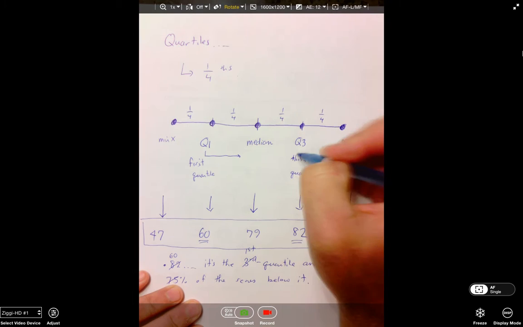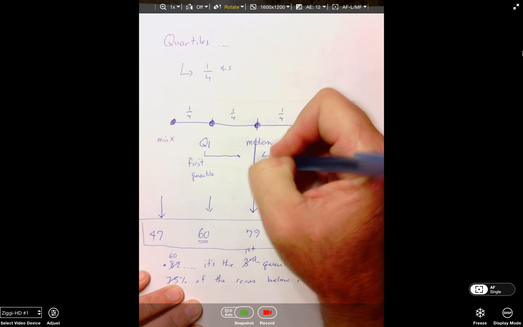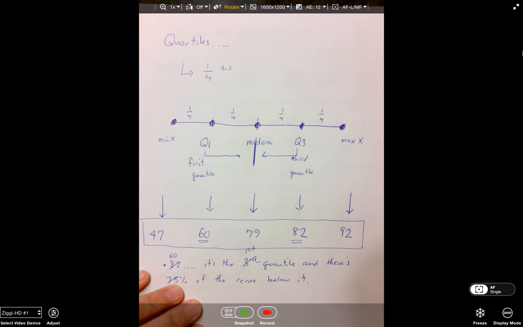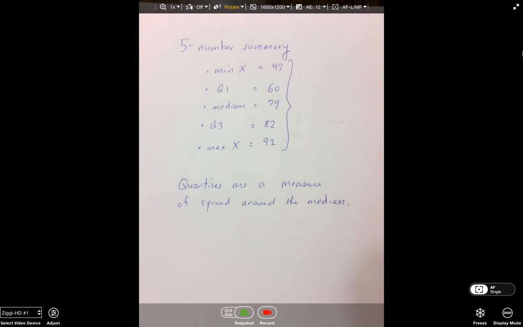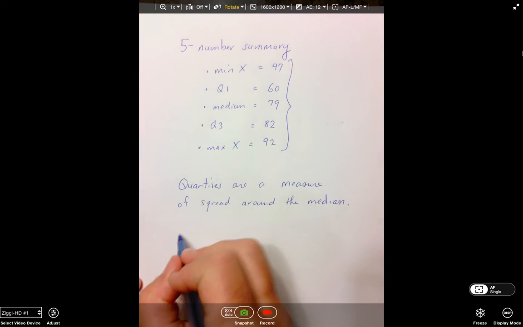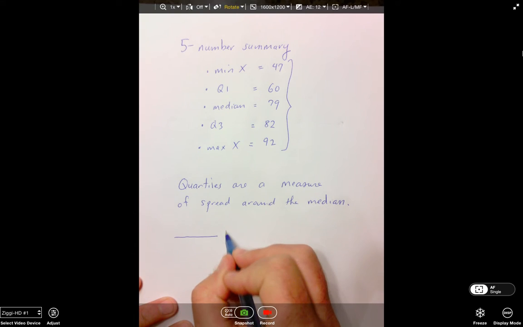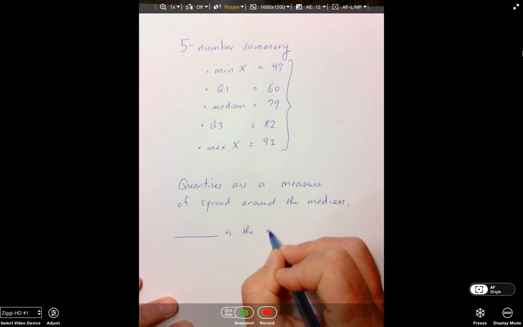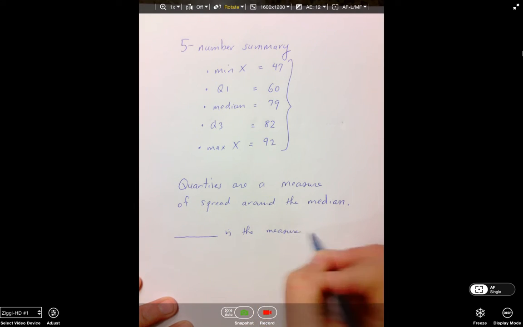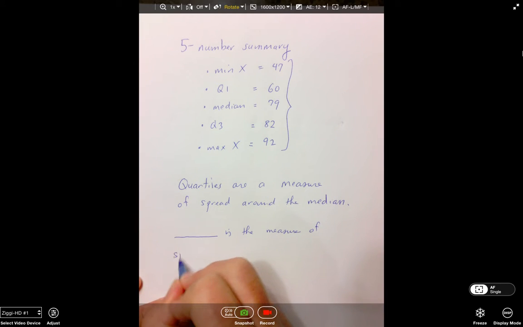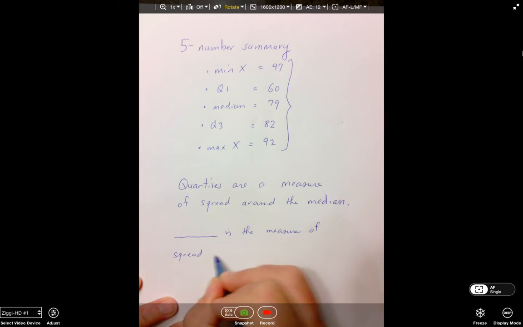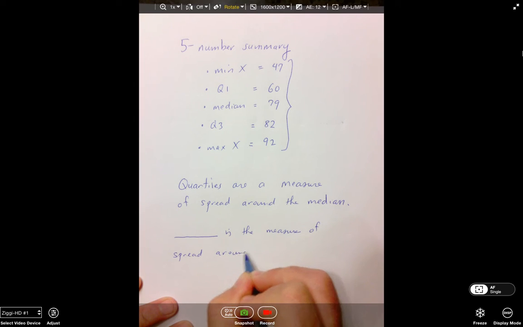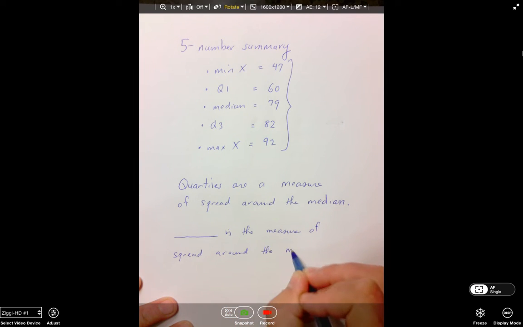Quartiles give us a measure of spread when centered around the median. So you may be interested, I hope you are, in what is the measure of spread around the mean. That's what you all were sitting there wondering, weren't you?